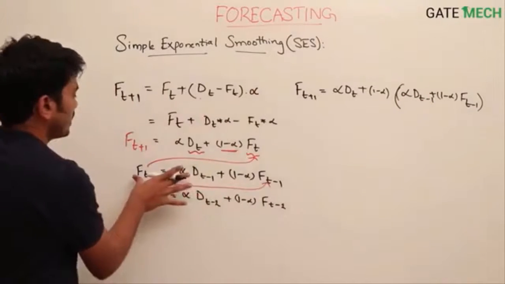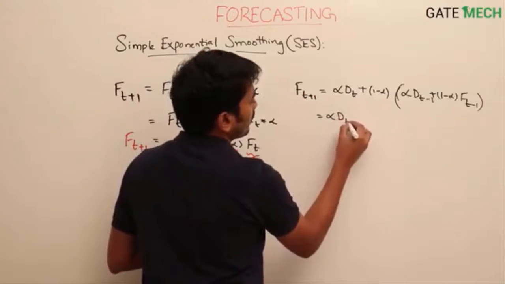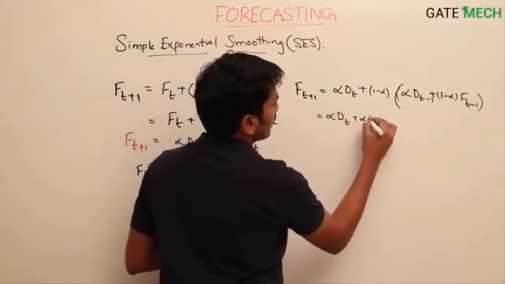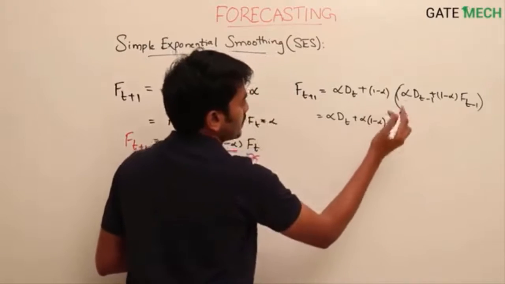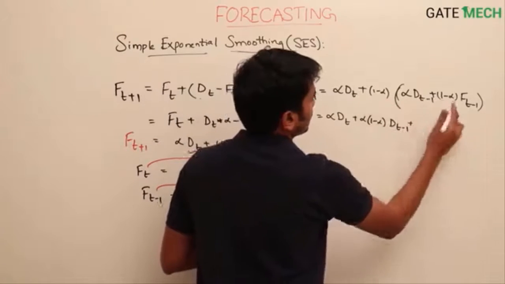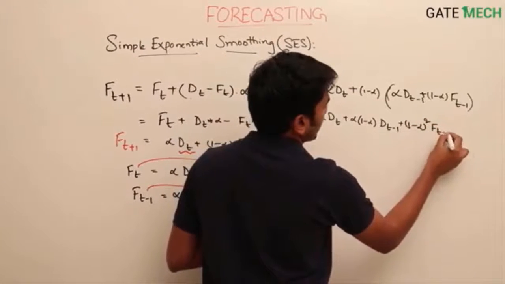So I just substituted this term here. Now rewriting this: alpha into Dt plus alpha into 1 minus alpha into Dt-1, multiplying these two terms, and then multiplying these two, 1 minus alpha whole square Ft-1.